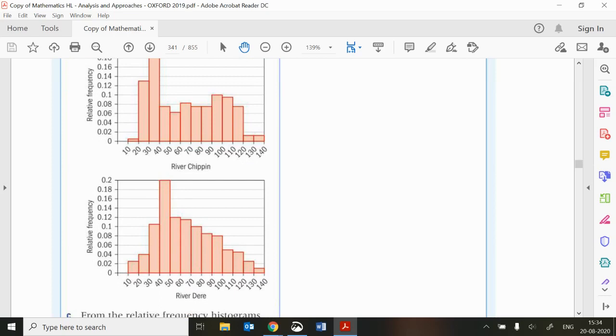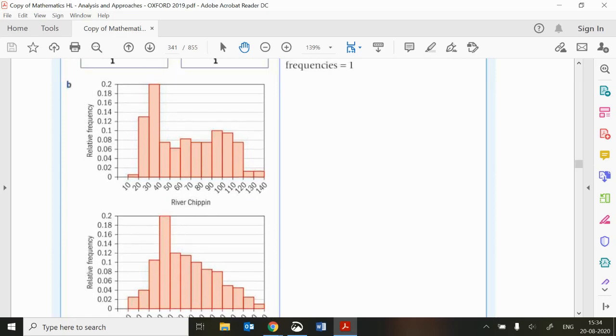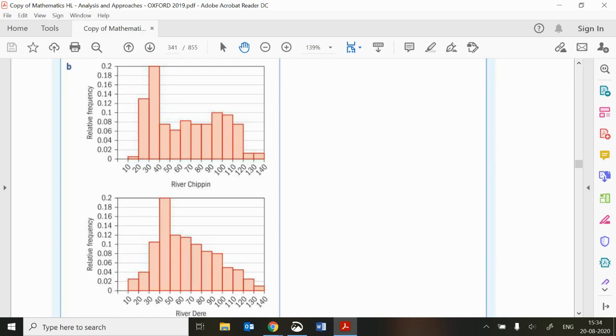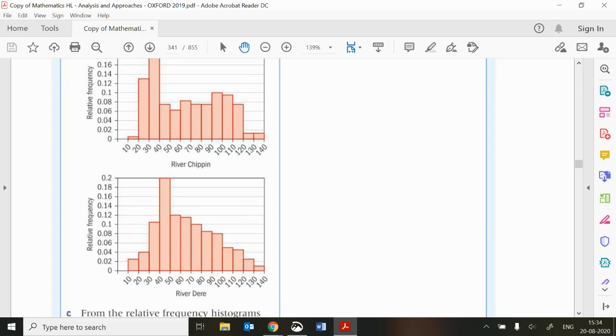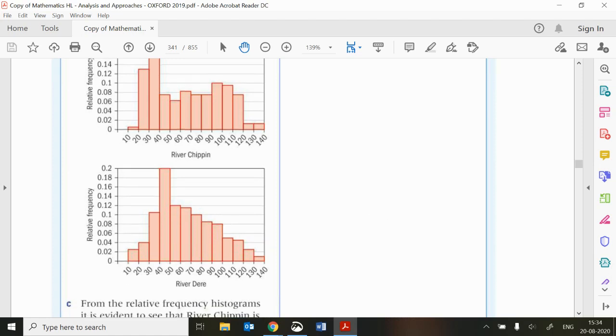That would be a difficult exam question to give you because we're given limited time in an exam, but you should definitely know what relative frequency is. And now you can see that 20% of the fish in River Chipping are between 30 and 40 centimeters long, and 20% of the fish in River Dere are between 40 and 50 centimeters long.